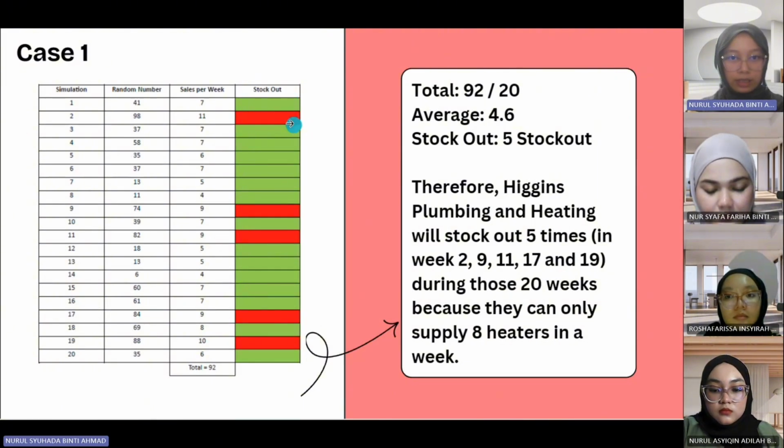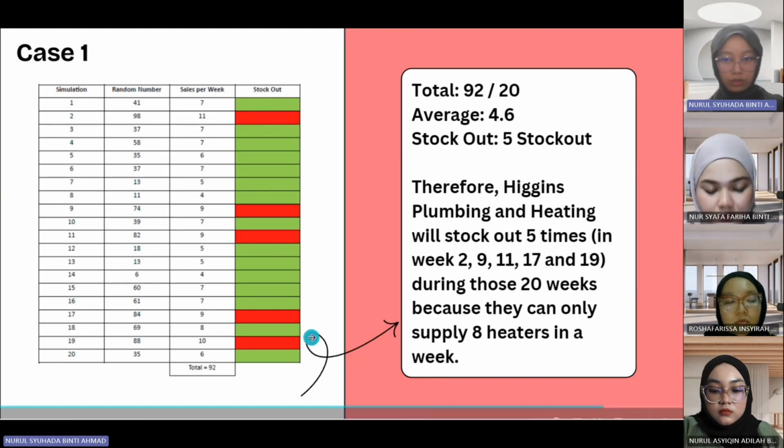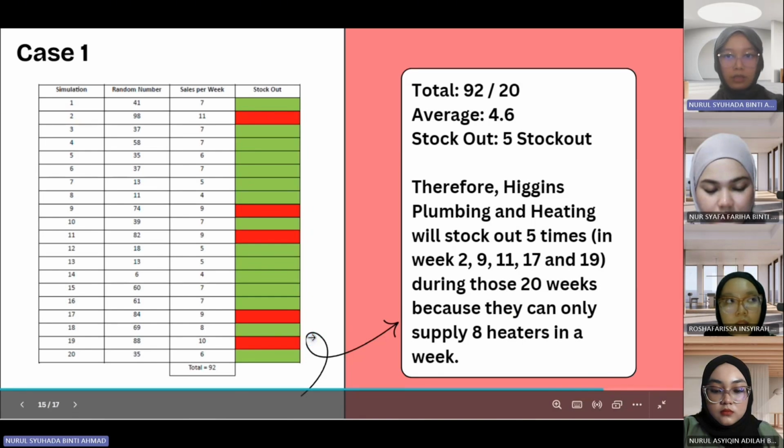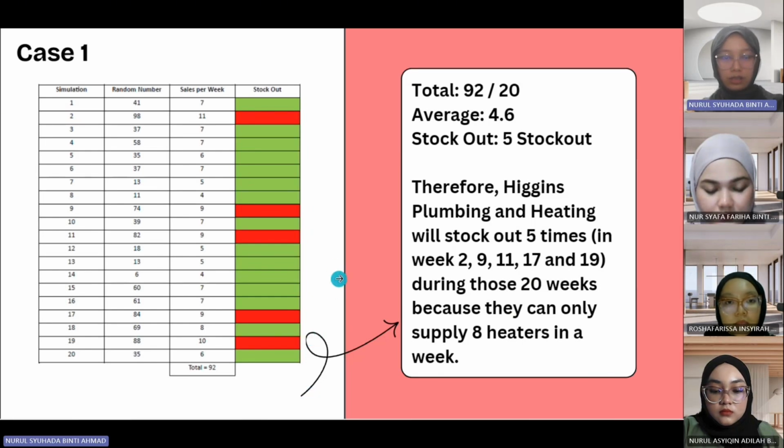As we can see here, during the 20 weeks they stocked out 5 times. The total sales of 92 divided by 20 gives the average, which is 4.6, and the stock out is 5.